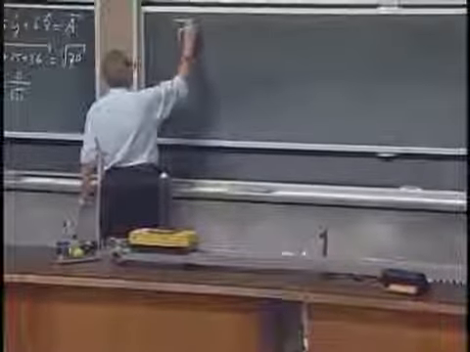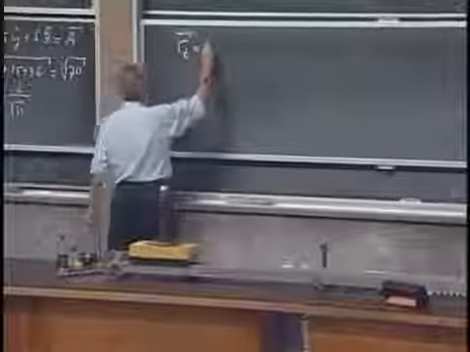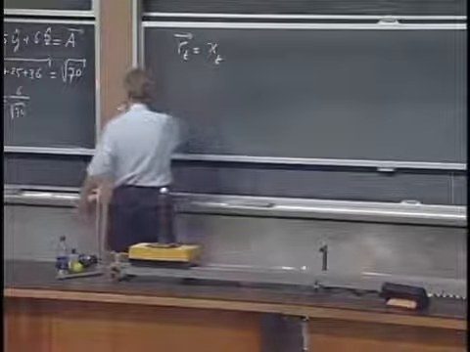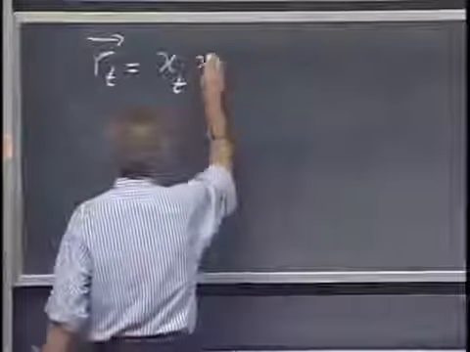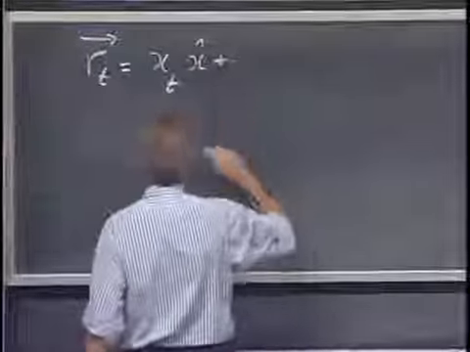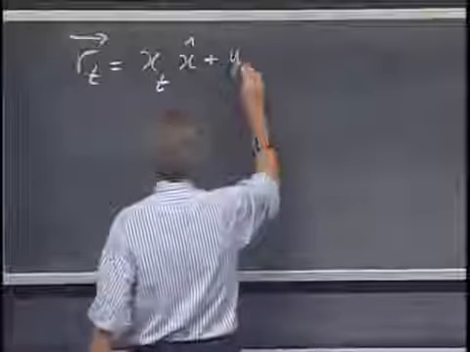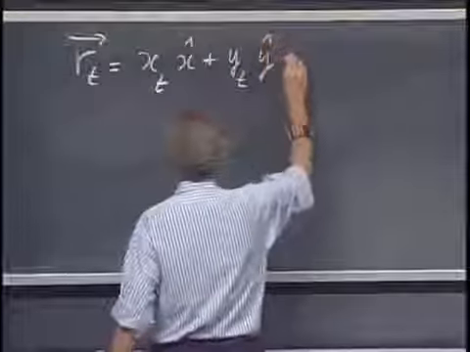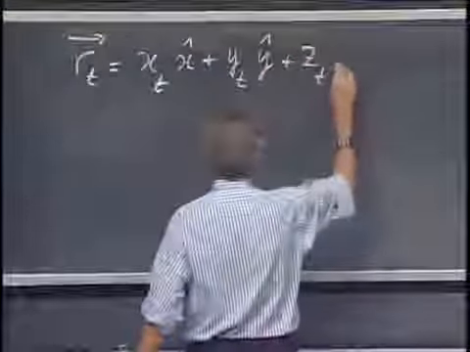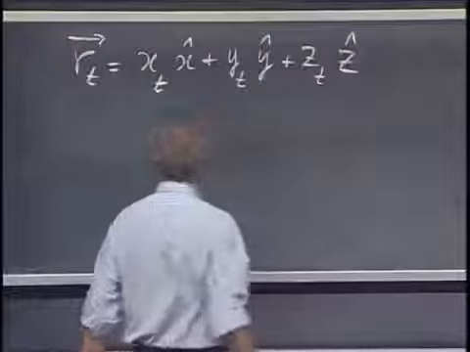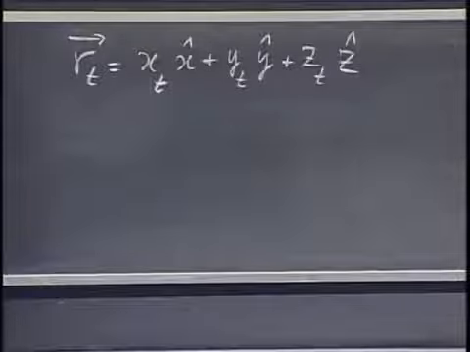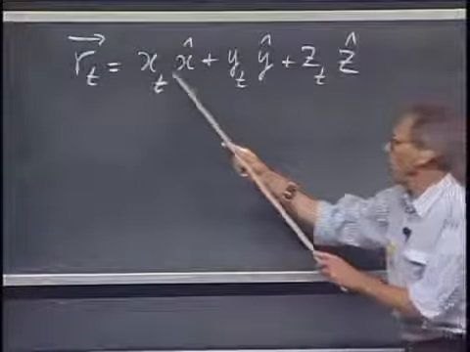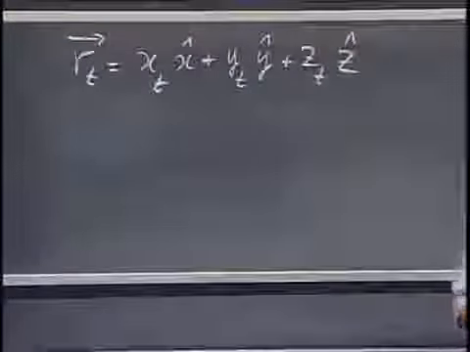R, which changes with time, is now X of t times x roof, plus Y of t, y roof, plus Z of t, z roof. I have decomposed my vector R into three independent vectors. Each one of those changes with time.